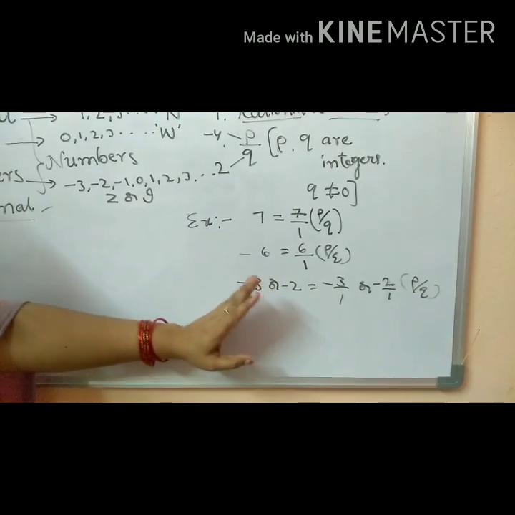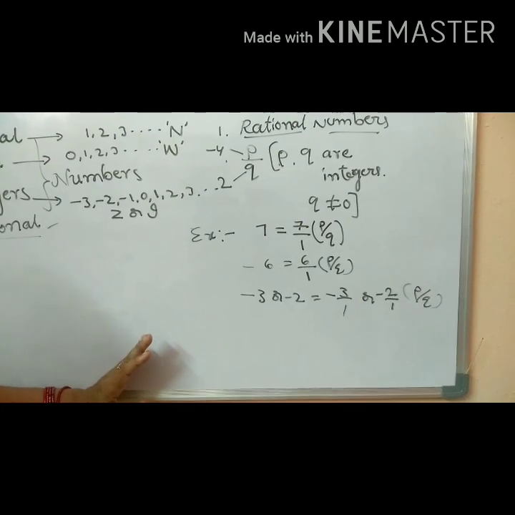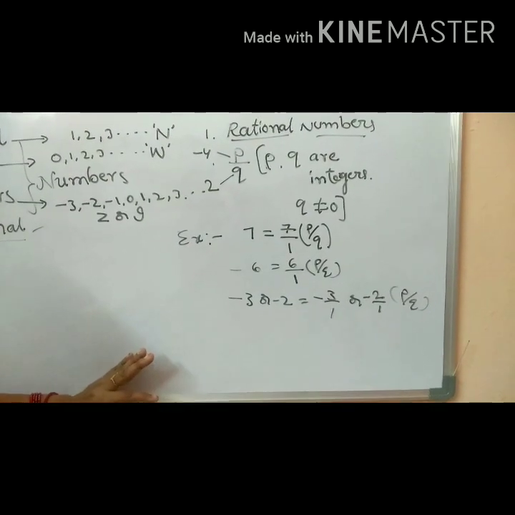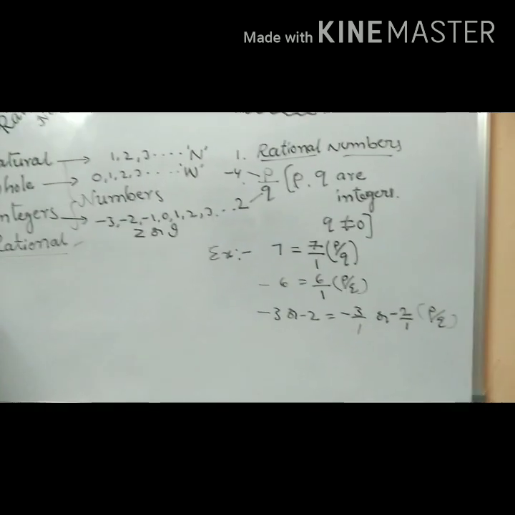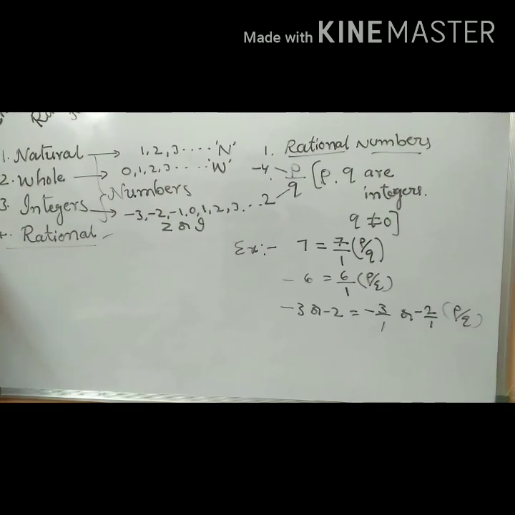So they are all rational numbers. Rational numbers can also be expressed in the form of decimal numbers.